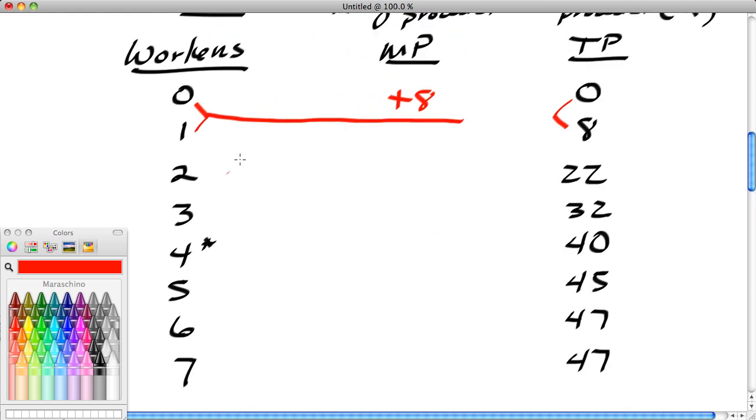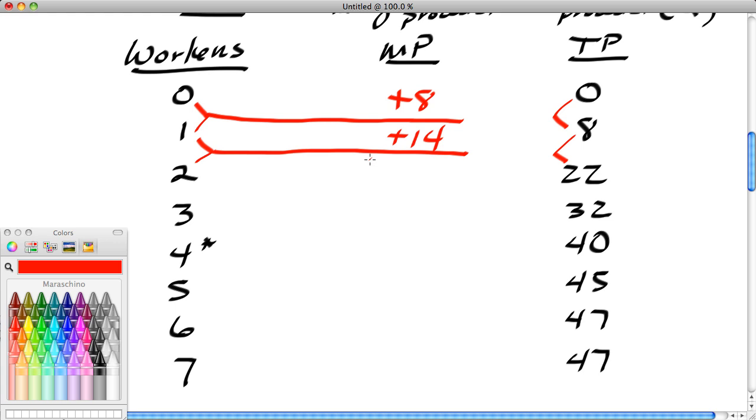Okay? So we add the second worker, and we go from what? We go from producing 8 to producing 22. The second worker adds 14 units. So 2 workers can make 14 units more than 1 worker. Now let's talk about this a minute. This seems a little bit unusual, but it actually has a possible explanation.